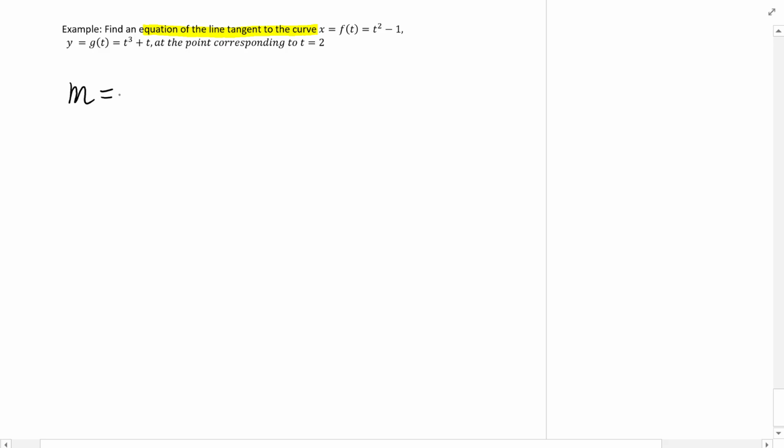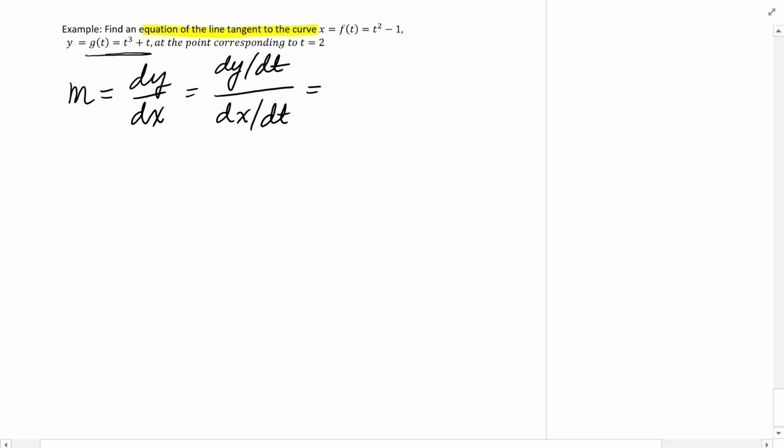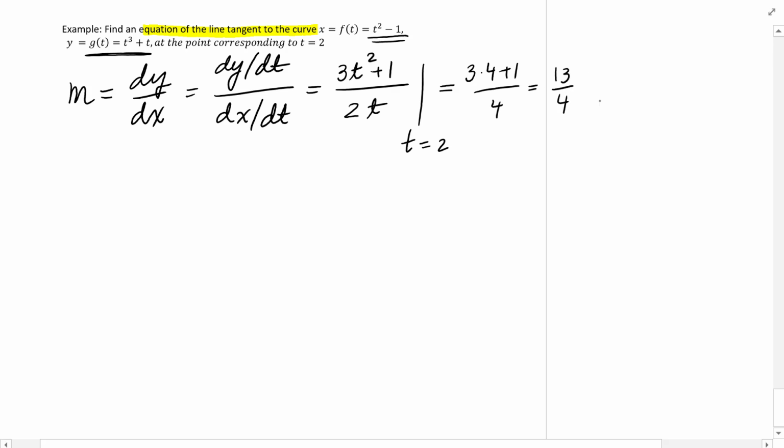So the slope is given by dy/dx, which is dy/dt over dx/dt. Now dy/dt is going to be 3t squared plus 1, and dx/dt is going to be 2t, and I want to evaluate this at t equals 2, so the slope is going to be 3 times 4 plus 1 over 4, so it's 13 over 4.